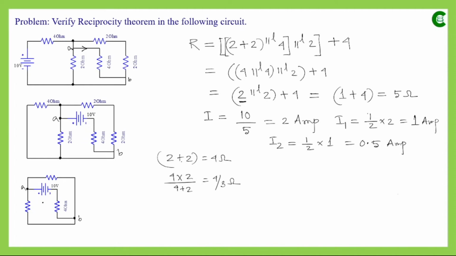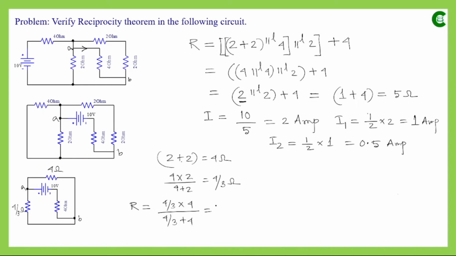Now the modified circuit will look like this, where in this branch between A and B we will have a voltage source having value 10 volt, this series resistor 4 ohm, this equivalent resistance with value 4 ohm, and this equivalent resistance with value 4 by 3 ohm. Now we can see that this resistor and this resistor are also connected in parallel between these 2 points A and B. So if we find the equivalent resistance of those 2 resistors, call it R, then it will be 4 by 3 multiplied by 4 divided by 4 by 3 plus 4.